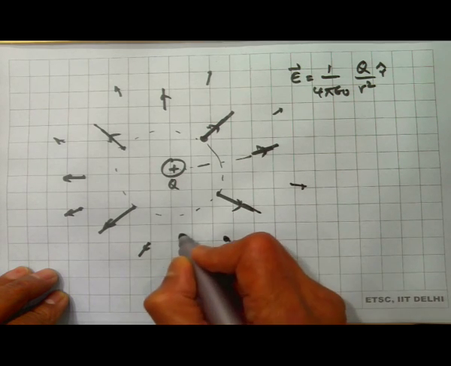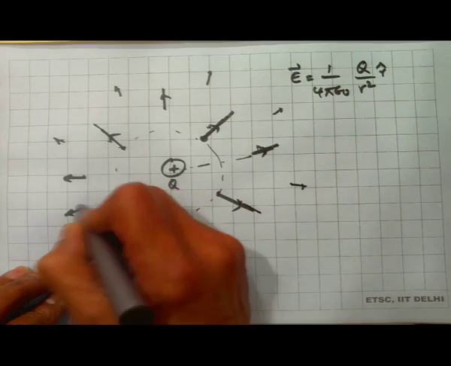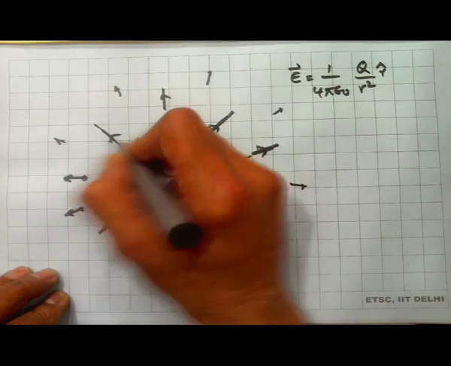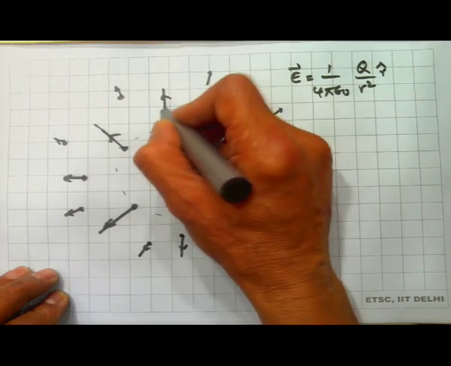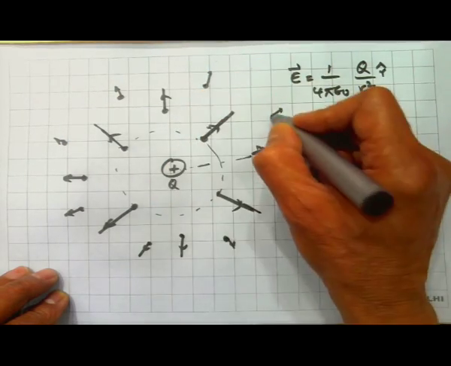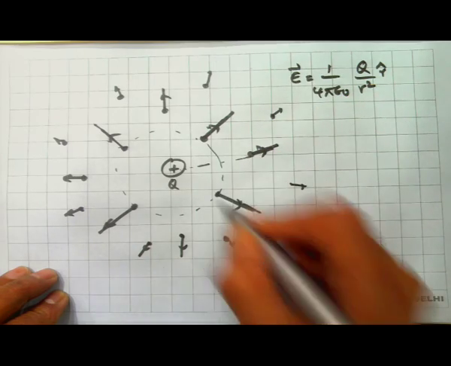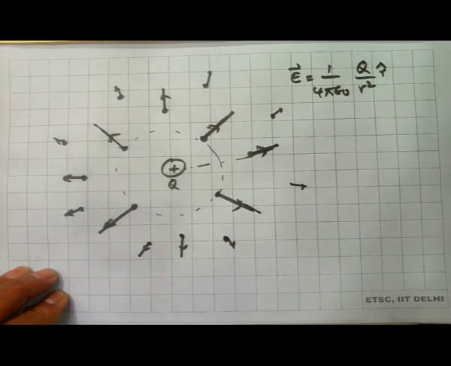Please remember these are the electric fields at these points. The length of the line represents the magnitude of the electric field, and these end points are the positions where I am drawing the electric field.